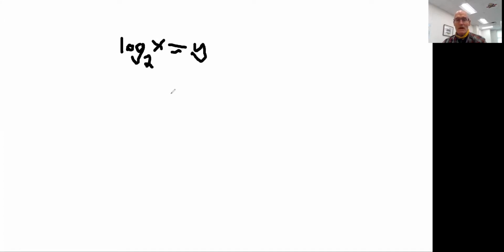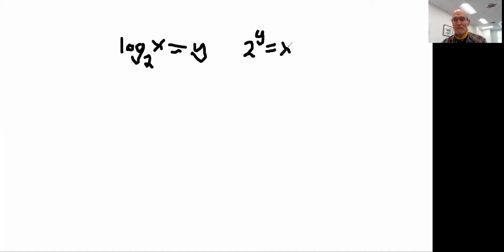That's what we call the log form. In the exponential form, we had kind of a counterclockwise rotation, which went from the 2 to the y and back. So in exponential form, this is 2 to the y equals x.